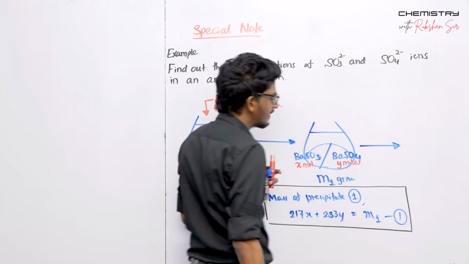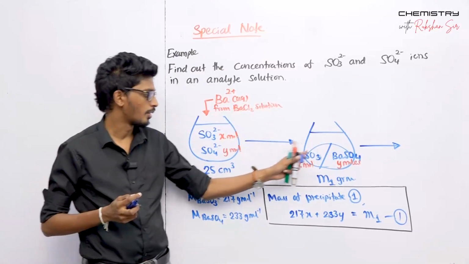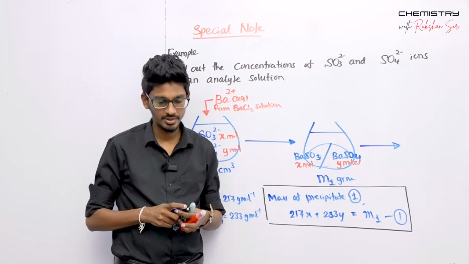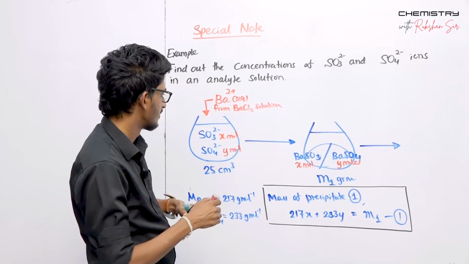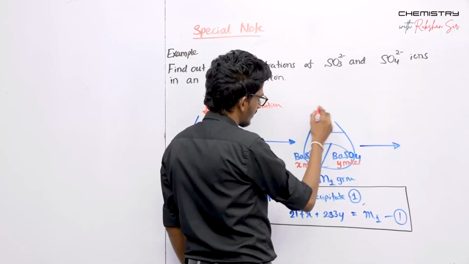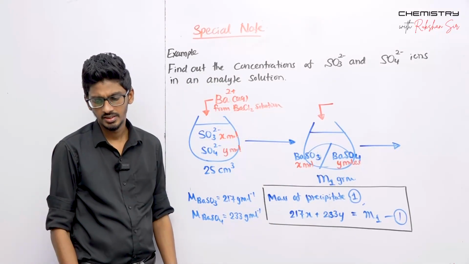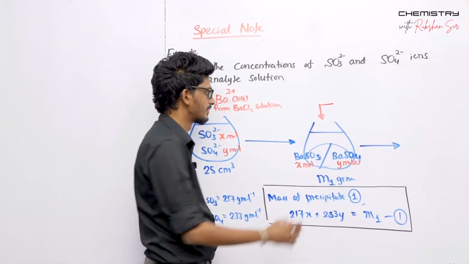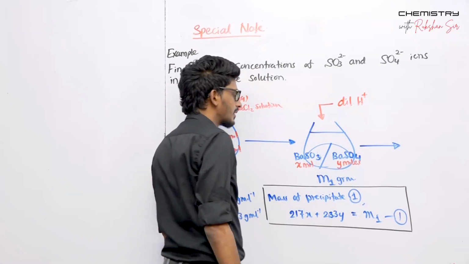right, the theory what we have learned just now, right, to come up with the second equation, second simultaneous equation. What is that? Just to add an acid, right? Just add an acid here, right? Just add some dilute H plus, right?